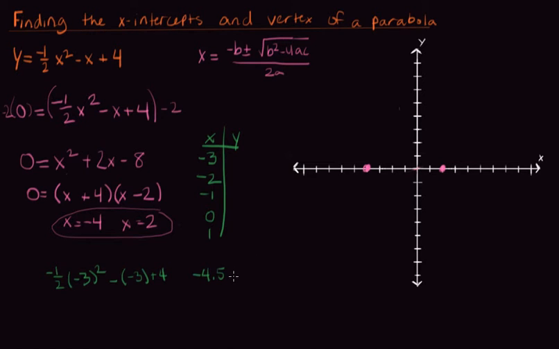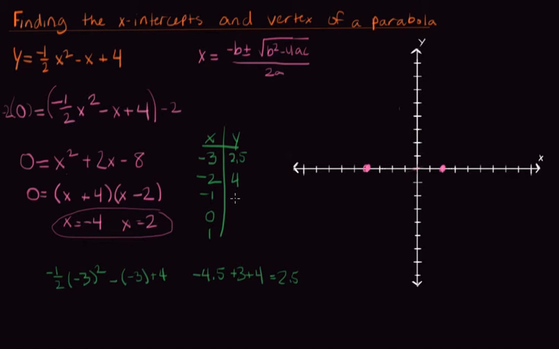I'll move to decimals, plus 3 plus 4. So this should give me 2.5. Then when I put in negative 2, I'm going to have negative 1/2 times 4, which is negative 2. Here gives me positive 2, so that's just 0 plus 4. So this should be 4.